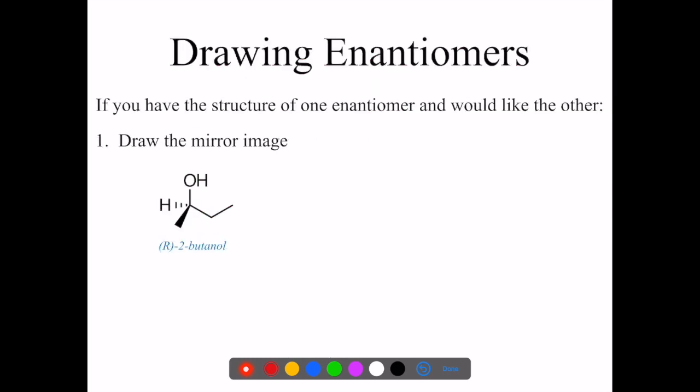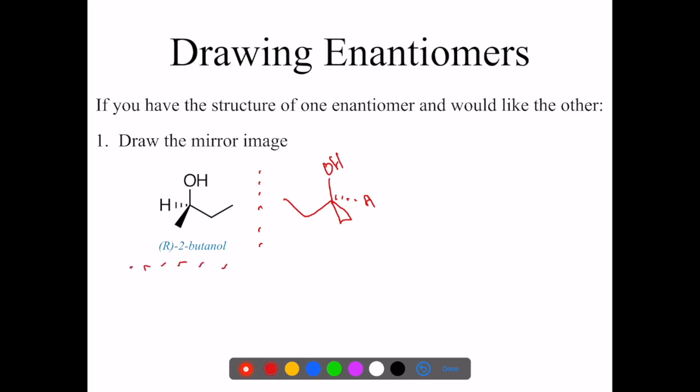Now, drawing enantiomers, what if you have one enantiomer and you need to draw the other? There are multiple ways you could do this. You could do a mirror image. And you could do mirror images multiple ways.